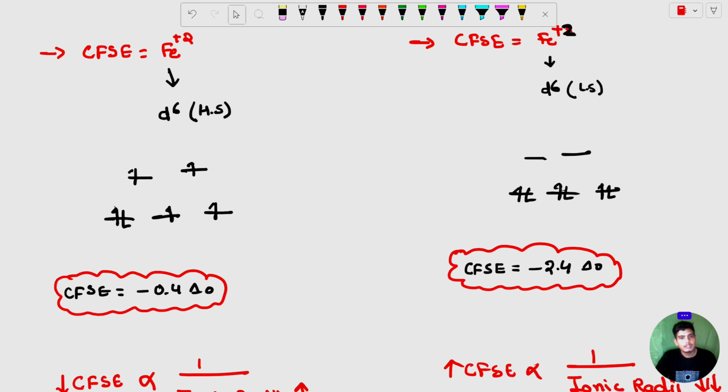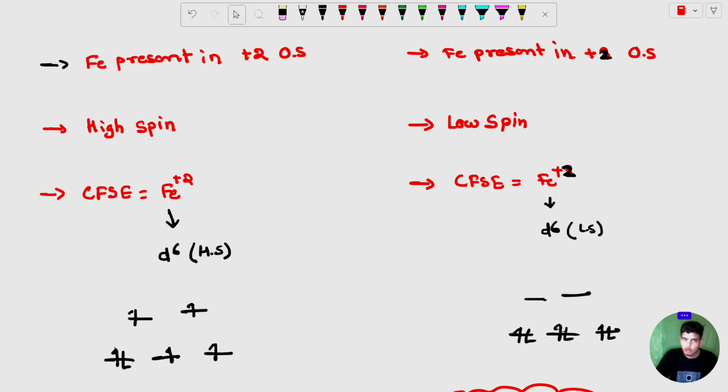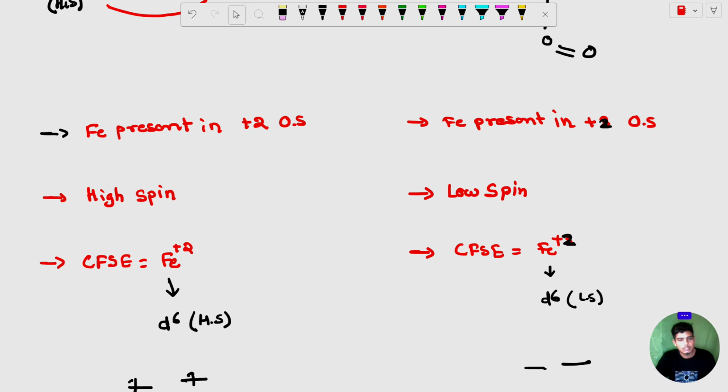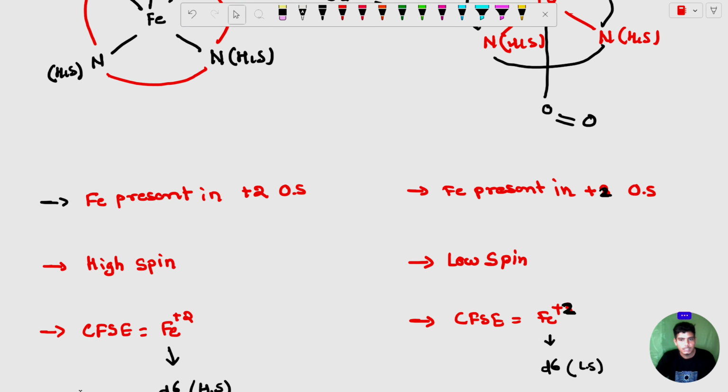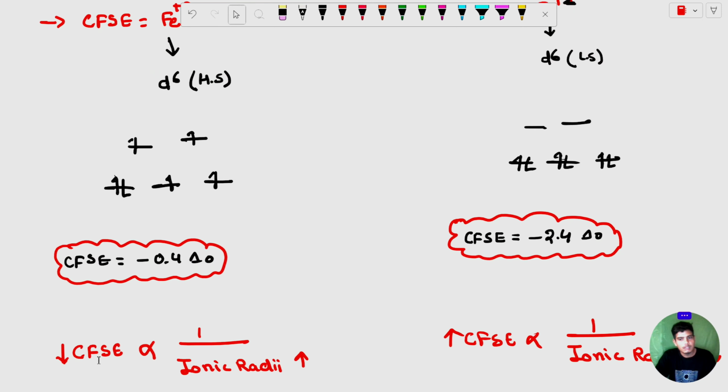I can simply give 3 to 4 points which represent oxymyoglobin and deoxymyoglobin. Okay, you can see there is no change in their oxidation state but a change in the spin. Okay, the first one is high spin and the second one is low spin, and the CFSE values for both are different. Okay, for deoxymyoglobin the CFSE value is very small, and for oxymyoglobin the CFSE value is very high.